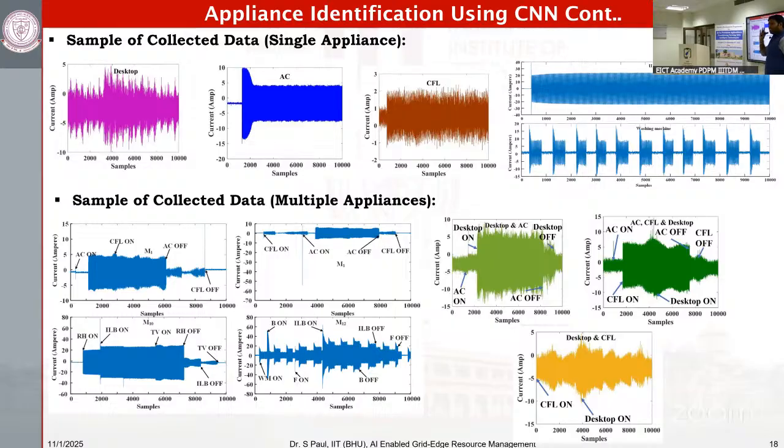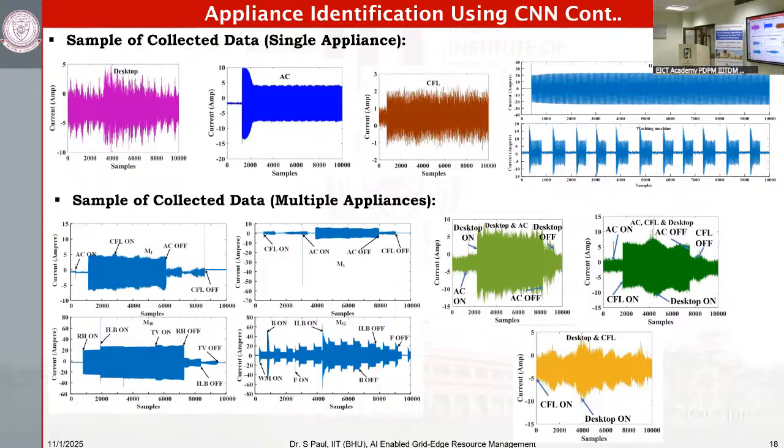Though everything is an electrical quantity and takes power from your system, you can see their power consumption patterns are completely different from each other. And when they get merged together, you can see even their current pattern gets changed and multiplied. So designing a system for this is very challenging, because you don't get any fixed pattern.